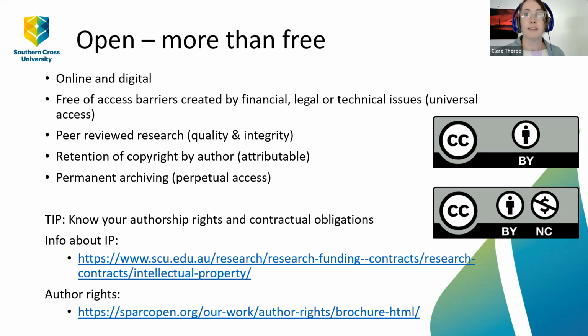One of the benefits of open access that I've personally found as an author is the ability to understand more about my author rights and to retain more of those rights and have control over the types of licensing that is assigned to my research publishing. So the Creative Commons licenses that are applied to open access articles and publications do give you more control about how your work is used by others.